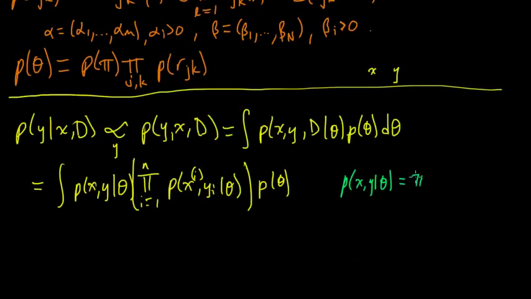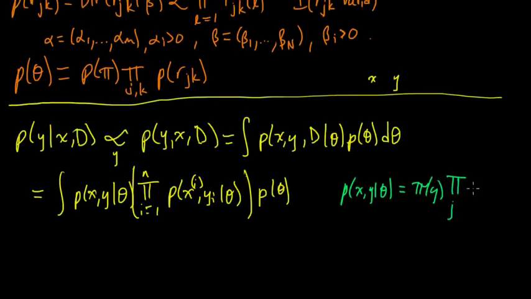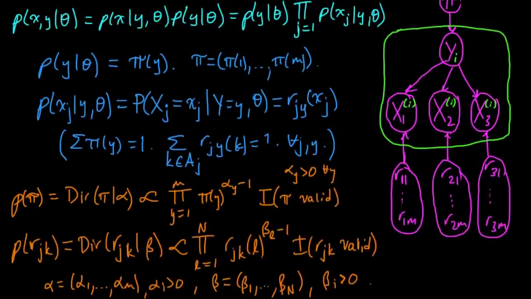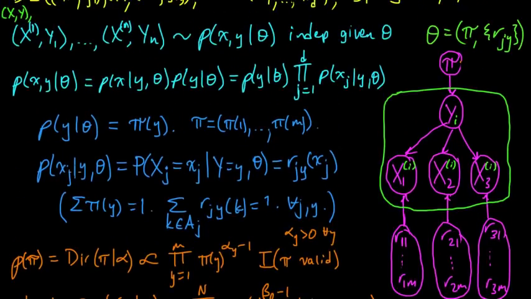So this is pi of y, probability of y, times the product over all j of r_jy of x_j. Right, that was what each of these was.